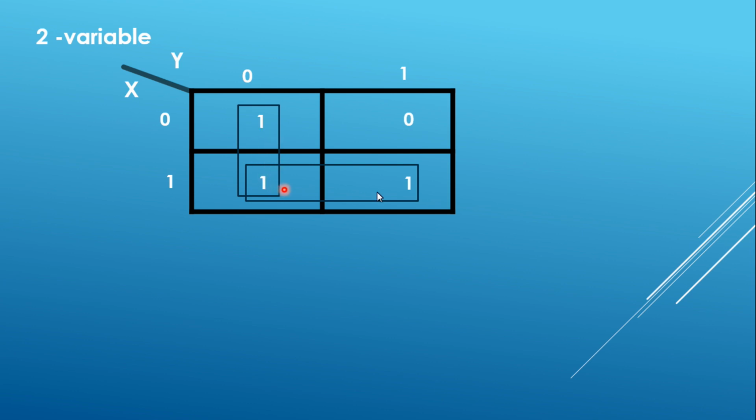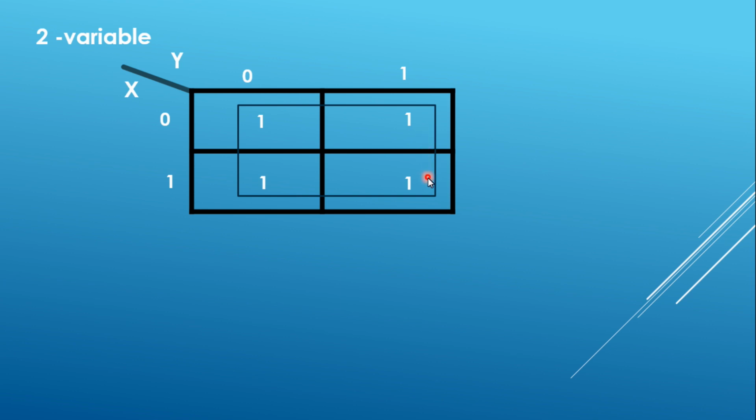Whenever you're combining the ones, they have to be combined in powers of 2. So in the previous one we saw that we were grouping 2 ones, right? Now there are 4 ones given, so you have to group the 4 ones. You can group all the 4 ones together, right? Now whenever you are combining, you have to take care to put the maximum ones in a single group.